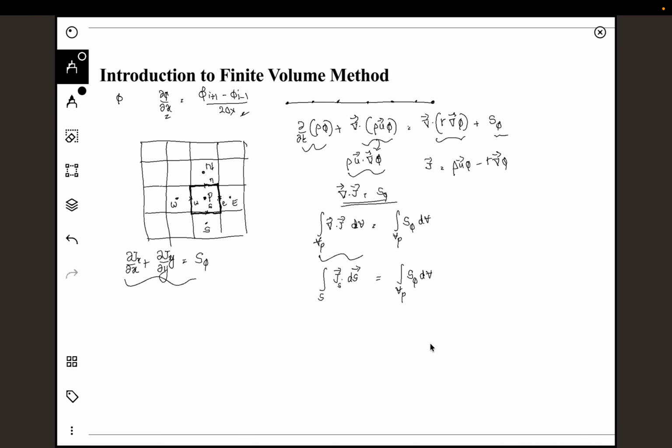We will first write something like this, and then we will make an approximation for del Jx del x as Jx at i plus 1, j minus Jx at i minus 1, j by 2 delta x, and similarly for the other term. So this is the finite difference formulation, where again it's the same cell that we are considering. The only difference is this is a difference form, but now we'll be using an integral formulation.